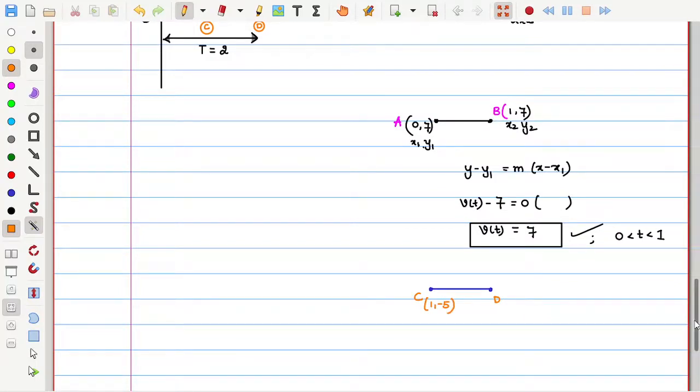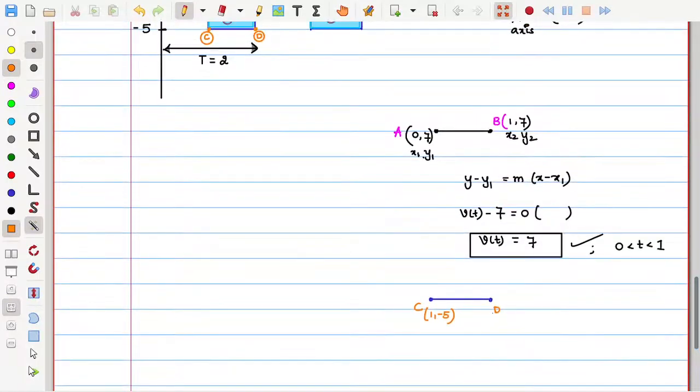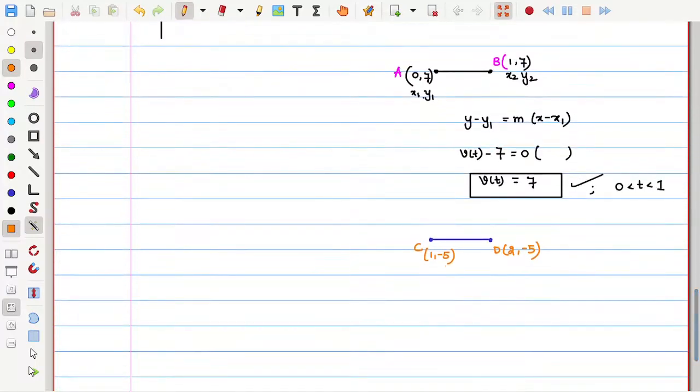What about D? (2, minus 5). Now find again this line equation. Because the slope is zero again, it is a horizontal line, so I can directly say V of t is equal to minus 5. If you want, you can cross verify as in the above case. How long is this valid? It is valid from 1 to 2 seconds.